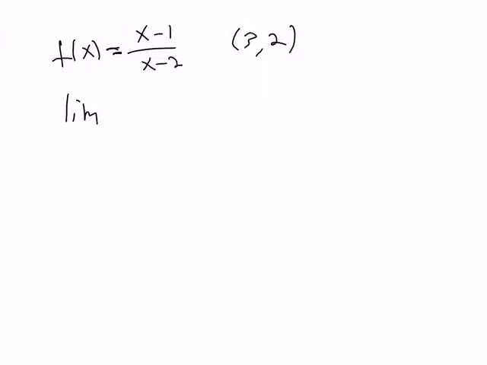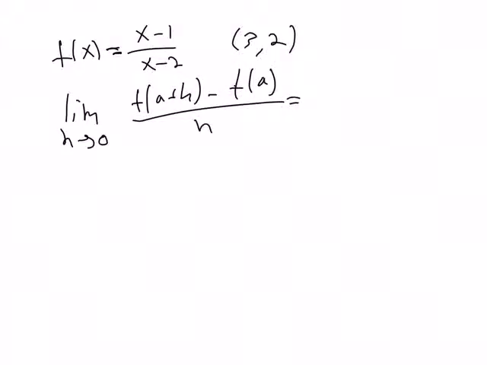So we have the limit as h goes to 0 of f of a plus h minus f of a over h. In other words, we have the limit as h goes to 0 of, so a for us is 3.